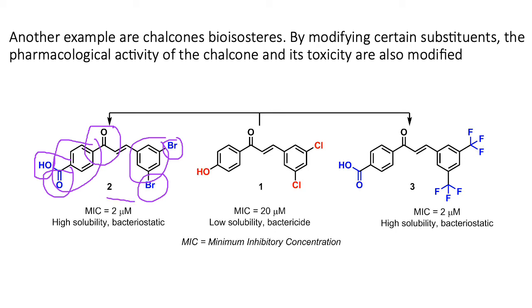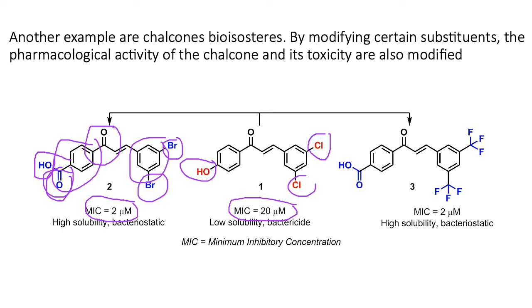So here this one has an MIC of 2 micromolar, whereas this one has 20 micromolar. The difference being you have a chlorine here instead of bromide, and also a chlorine here. Also, we lose this double bonded oxygen and just keep the hydroxyl group.